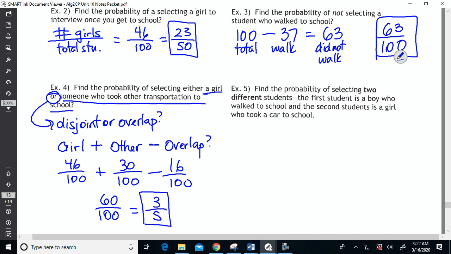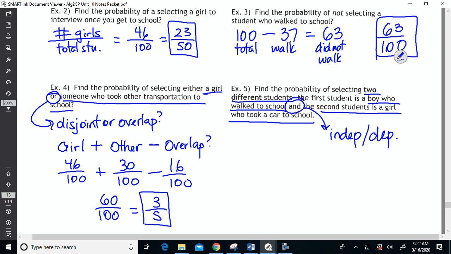Again, that provides a nice review of the overlapping probability. Lastly, find the probability of selecting two different students. The first is a boy who walked to school, and the second is a girl who took a car to school. So that "and" indicates that it's either going to be an independent or a dependent probability.